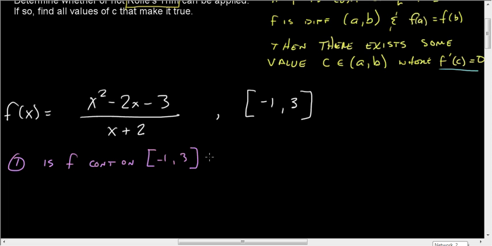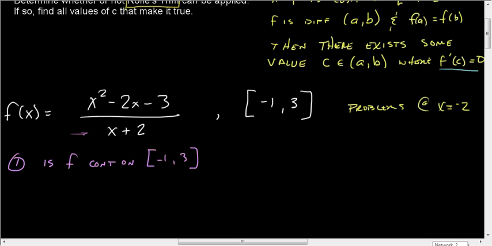And here we have issues when the bottom is 0. So as long as x is not -2, so we have problems at x equals -2.